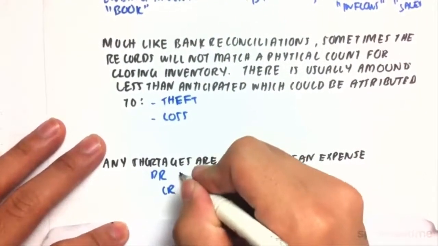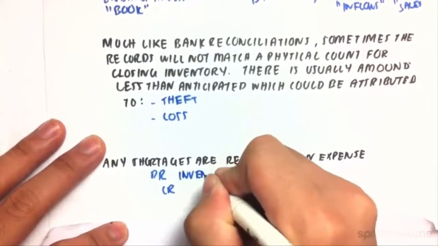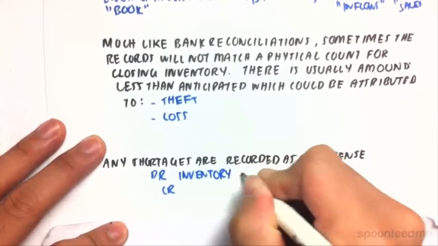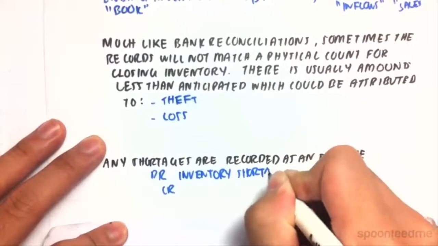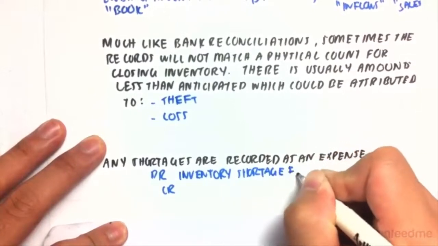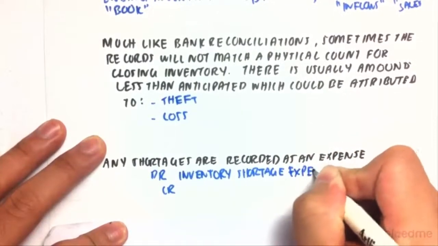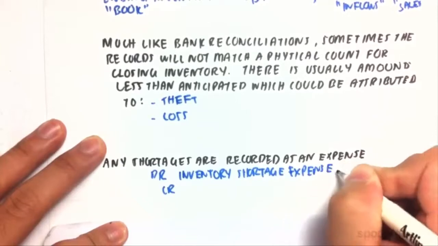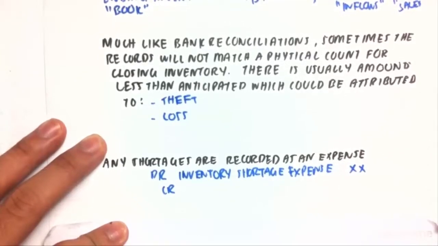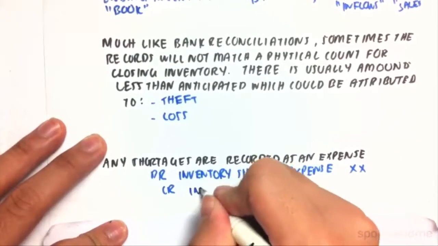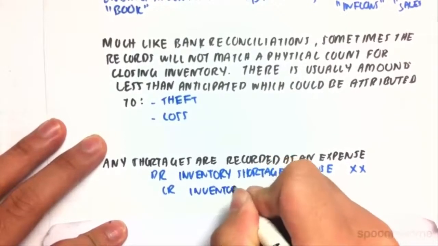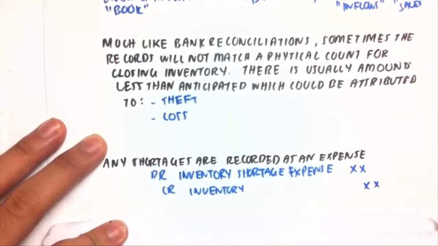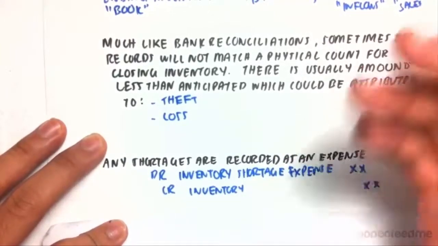So it's called an inventory shortage expense, and that is an adjusting entry that we provide at the end of each financial period, and then we credit inventory so that we have an amount in our inventory that measures how much is physically on hand.